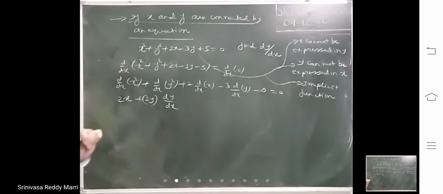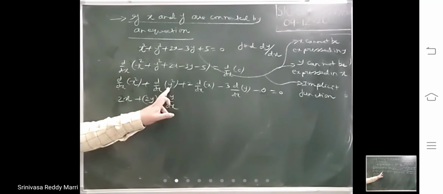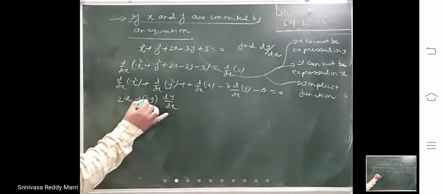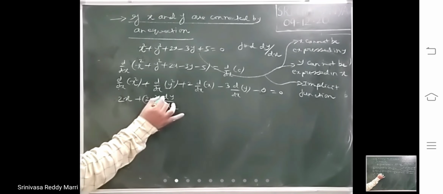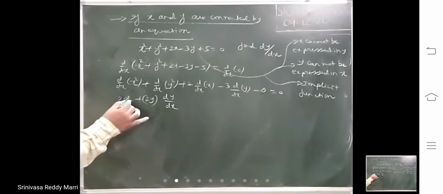If x square is there, 2x only we will write. If y square is there, do the derivative 2y into d by dx of y, that is nothing but dy by dx. Whenever you are doing the derivative of a y term, write the derivative and then finally you write dy by dx. Here it is not necessary, 2x only. D by dx of x is 1.